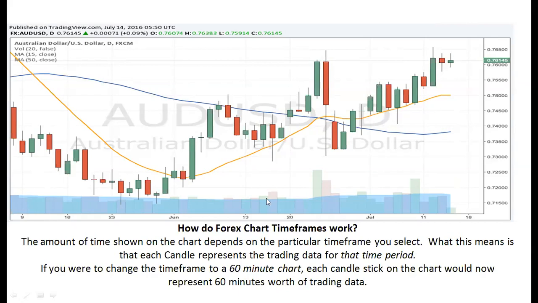So when you're looking at a chart, it's real simple. It needs to show you what currency pair you're looking at, or in some cases, what stock you're looking at, because the charts look the same when you pull up stocks, gold, oil, doesn't matter, Bitcoin.